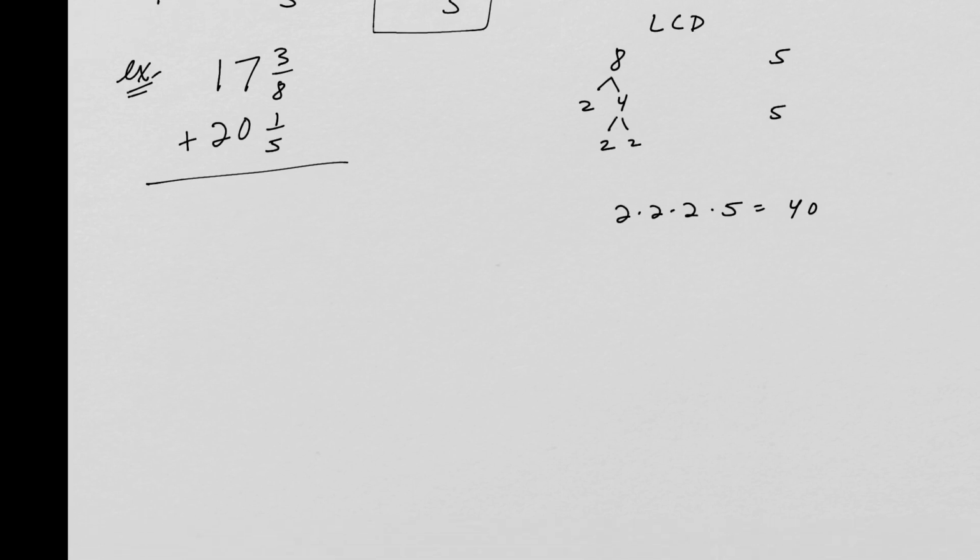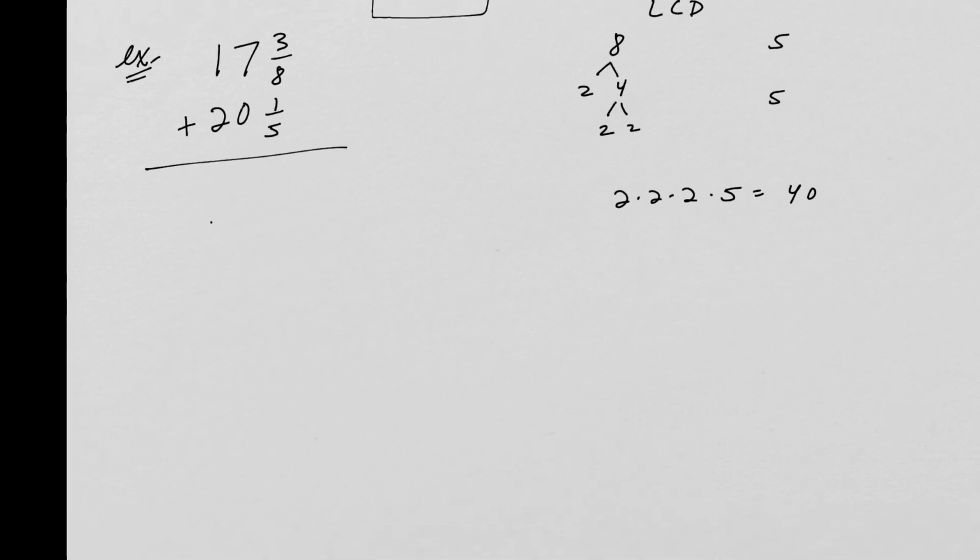So what I can do is I can correct. Let me write this again here. Once you learn this, right, you can do the work right next to the fraction itself. So if I want to get a 40 in the denominator, what am I missing?